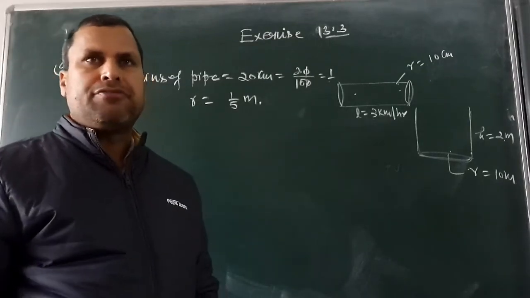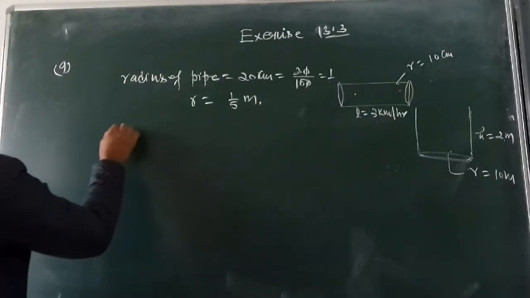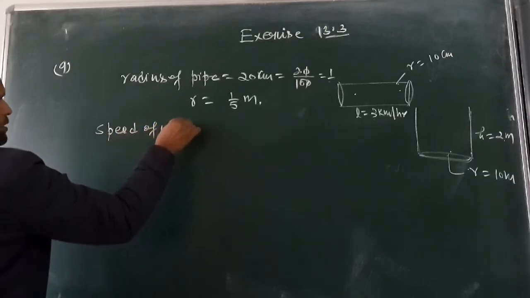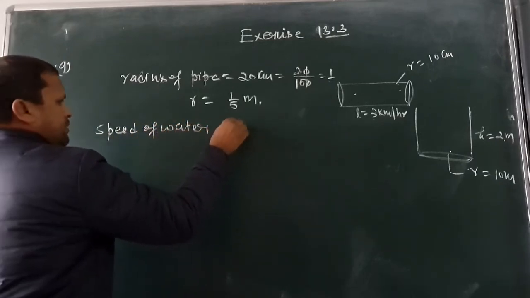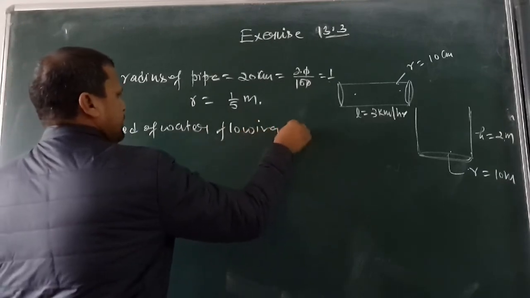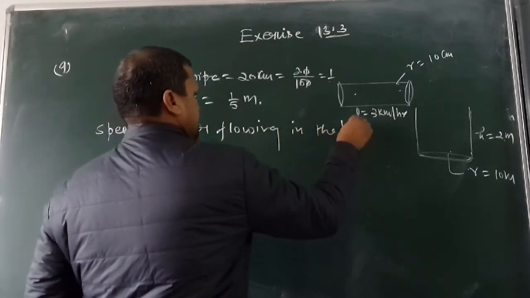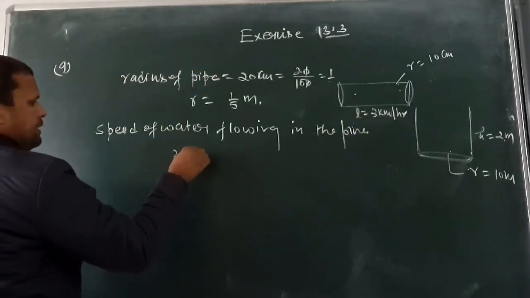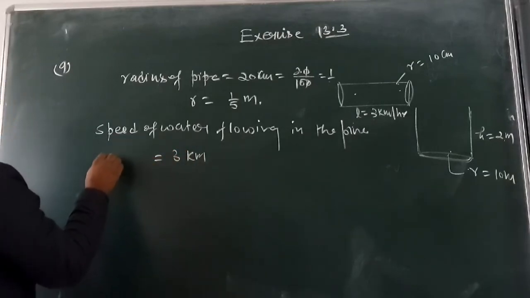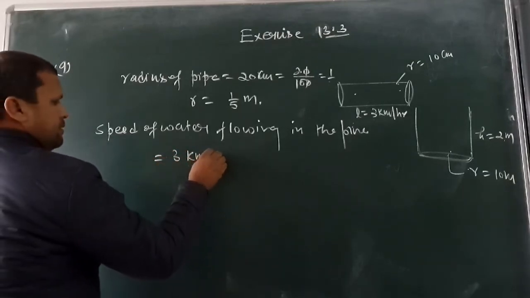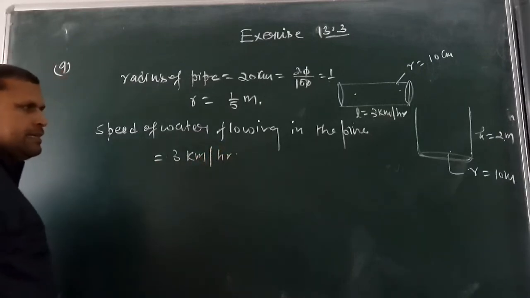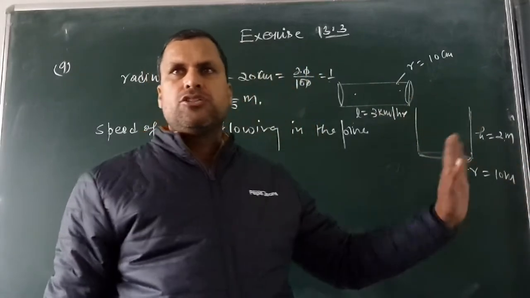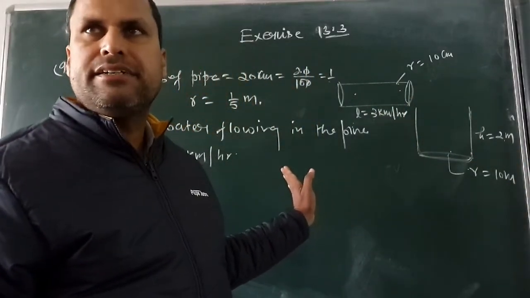And the speed of water flowing in the pipe is 3 km per hour. Since the remaining parameters are given in meters, you have to change it into meters per second.